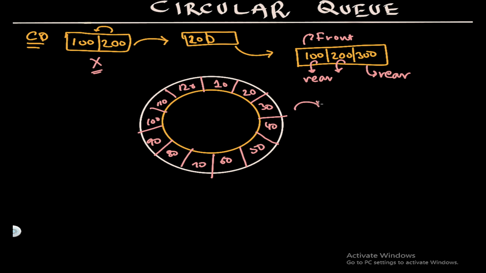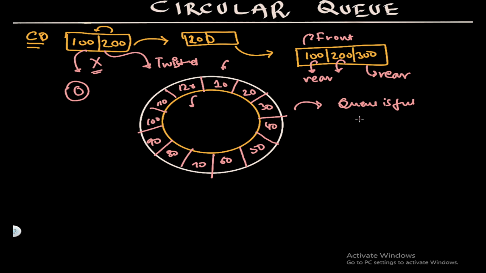So at this moment your queue is full. What I did was rotate this queue into this form. I just twisted it. Now my queue is full. This is my front element and this is my rear element.